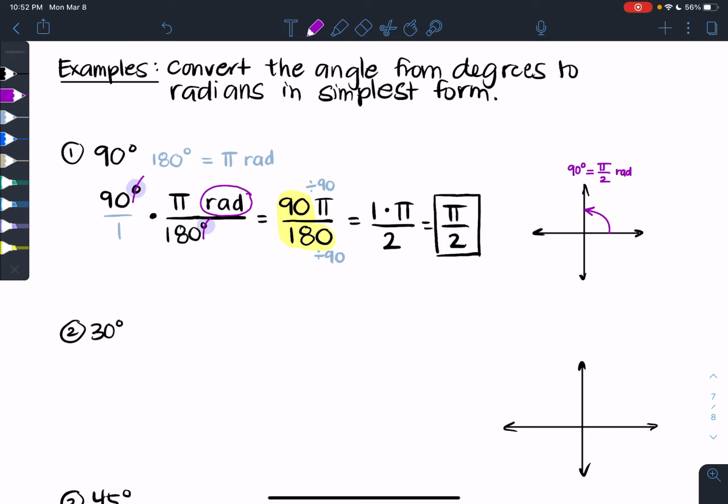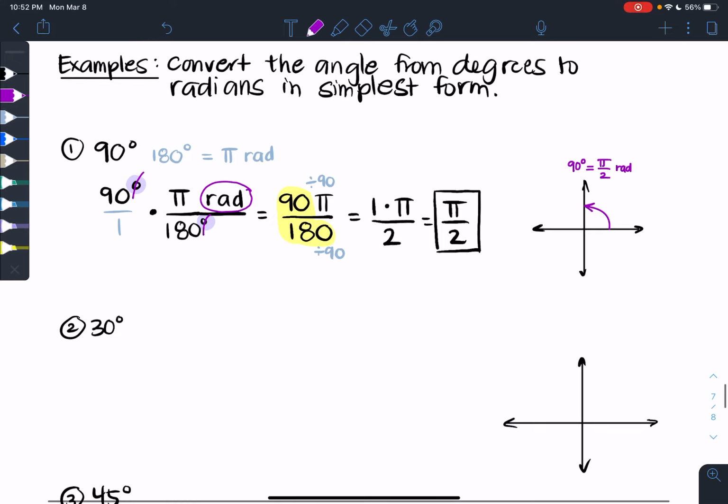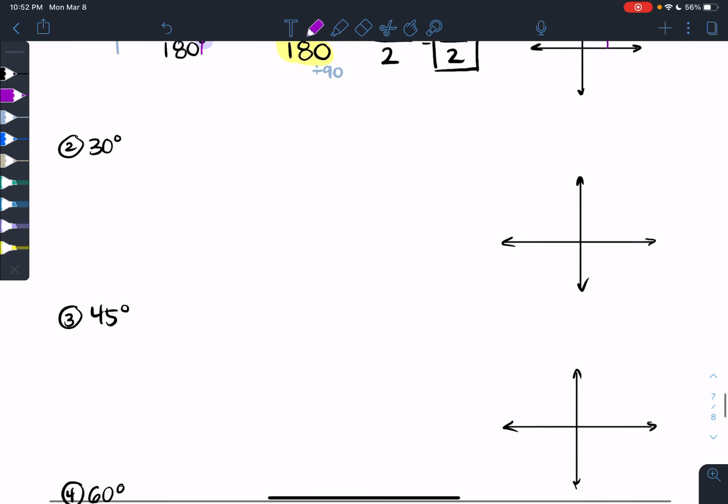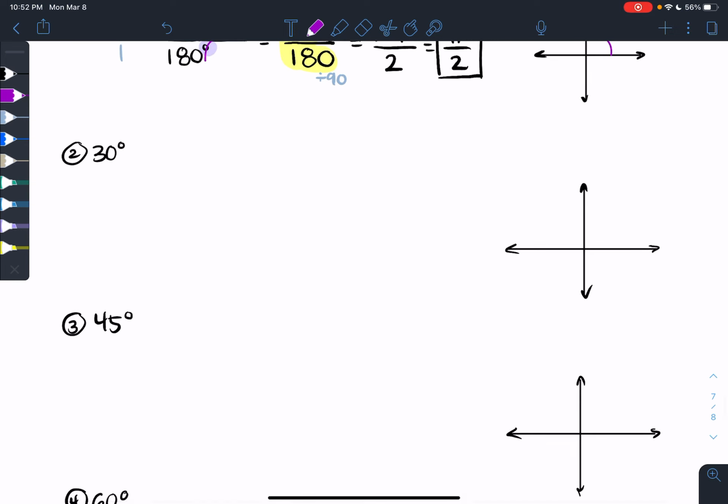All right. Now let's look at number 2. Again, we're going to start off with our conversion factor. We know 180 degrees is equal to pi radians. So let's set it up.